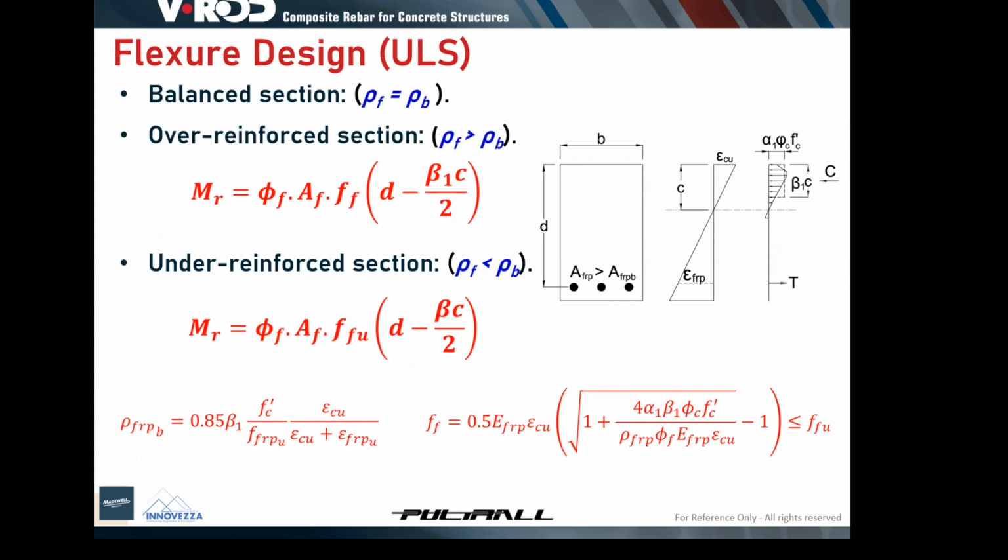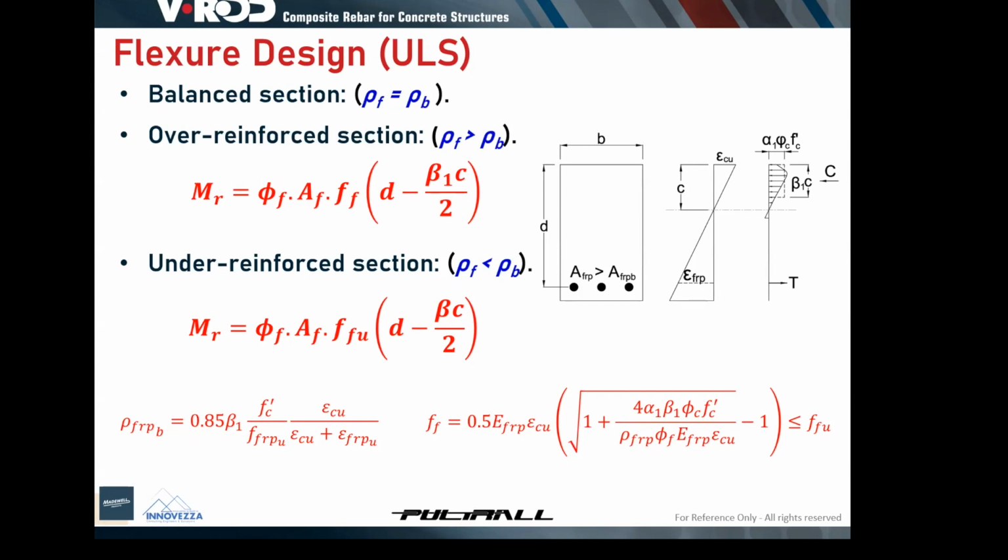To calculate the balanced reinforcement ratio, we can use this equation here. The other way to know the type of the section is to calculate the actual stress in the GFRP reinforcement, the f_F, from this equation, and compare it to the ultimate strength. If it's lower, the section is over-reinforced, and if it's more, the section is under-reinforced.